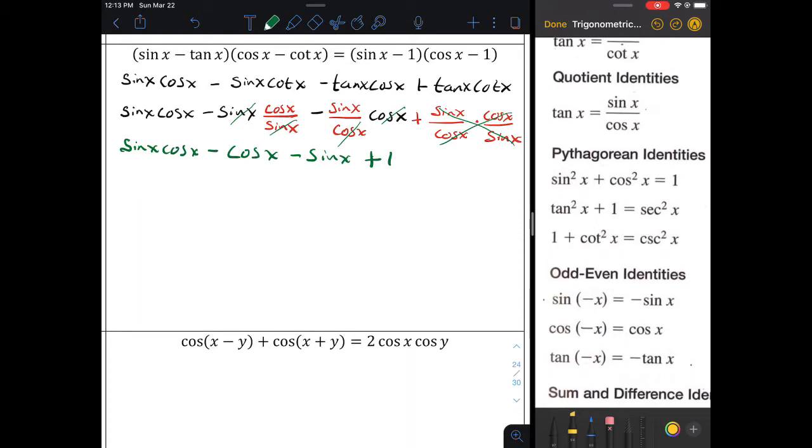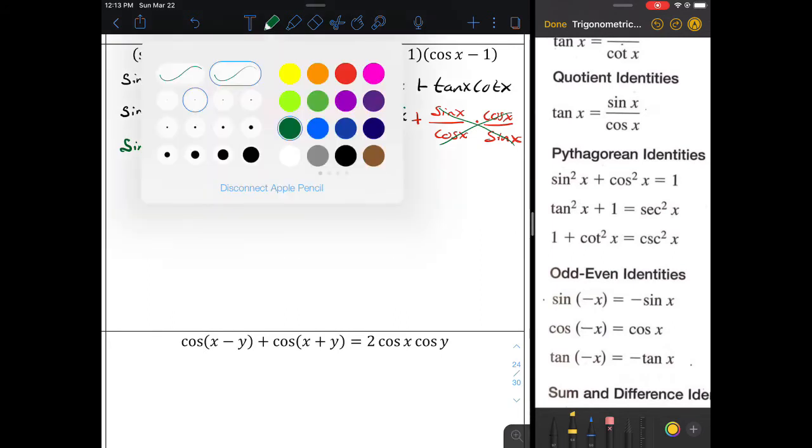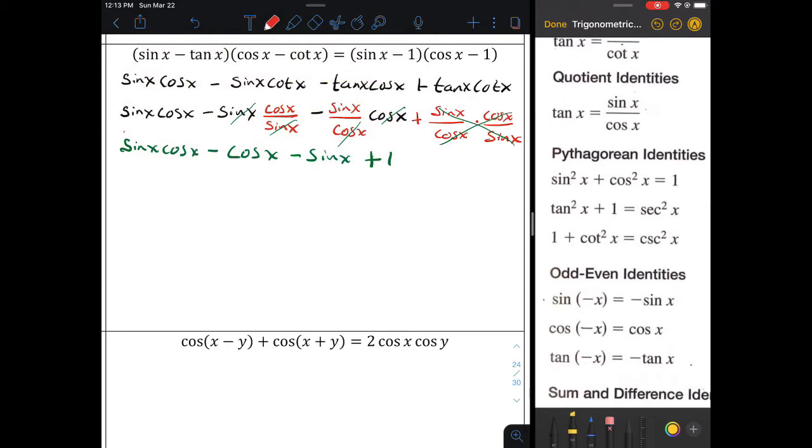Well, I'm going to try to factor this by grouping, where I group my terms. I'm going to put the first two terms in a group because they have a common factor of cosine. And really, there's nothing in common in my second group except I could pull a negative out. And if I do that, I could try to make sine of x minus 1. So we're going to do that.